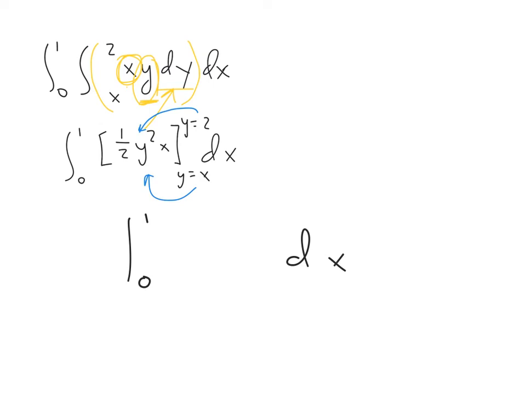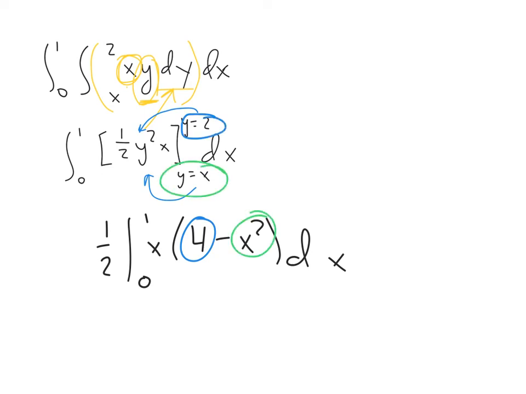I can pull this 1/2 all the way out because it's just completely constant. We still have that x. And then plugging in the first y squared is a 4, and then minus, so 2 squared minus x squared. So 4 minus x squared. And this came from here, and this came from here.